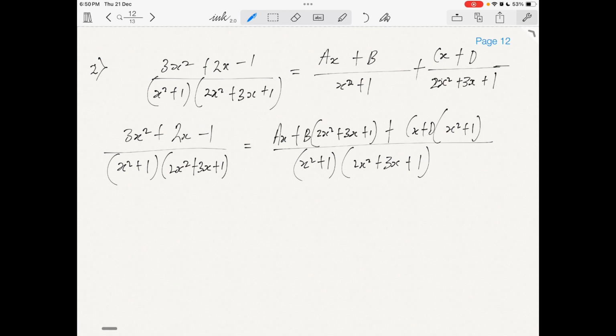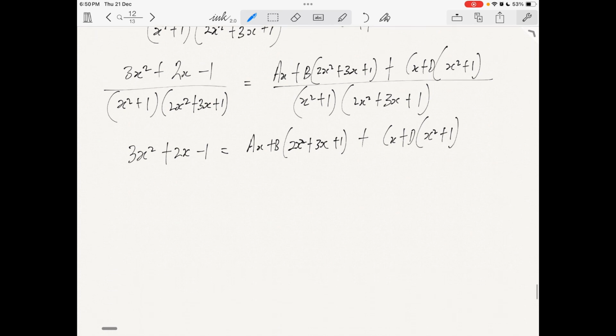My denominators are the same, so they can cancel out, right? So I have 3x squared plus 2x minus 1 is equal to ax plus b into 2x squared plus 3x plus 1 plus cx plus d into x squared plus 1.